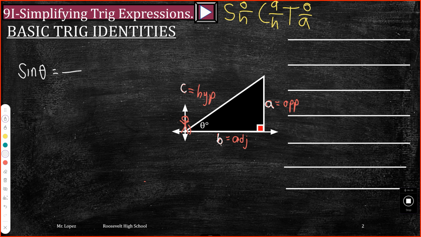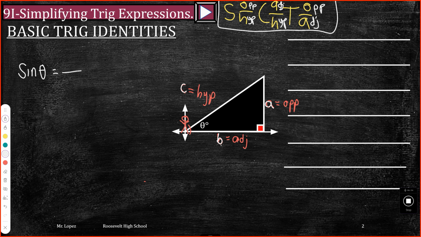S stands for sine, O for OPP and HYP, then CAH, ADJ and HYP, then TOA, OPP and ADJ. So this is a mnemonic. You can Google what that means. It's a way to remember things. It's not really math. There was another guy on TikTok saying SOHCAHTOA. That's dumb. Trig is not even about triangles.